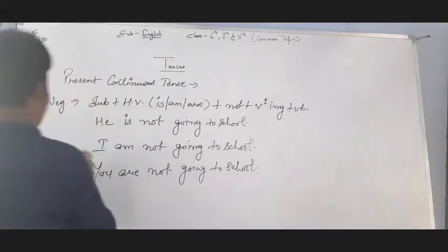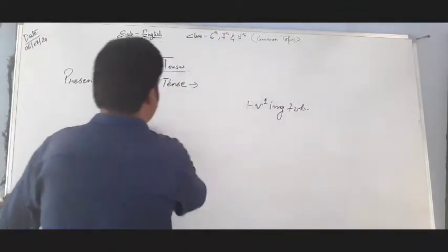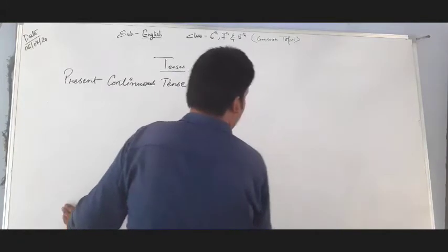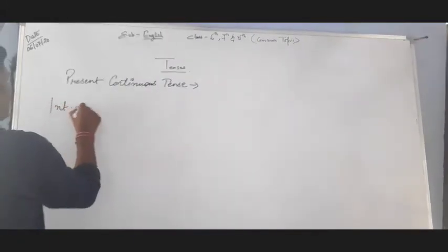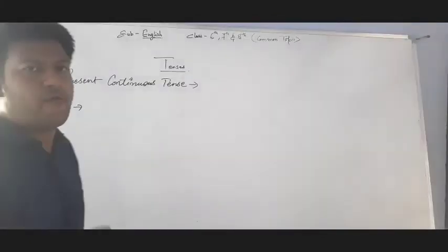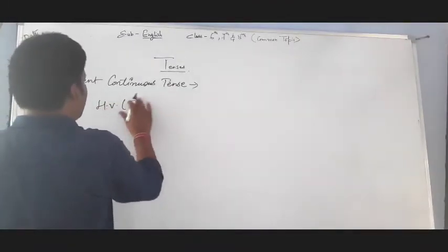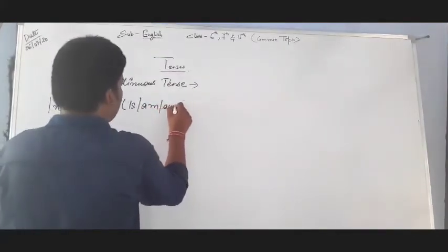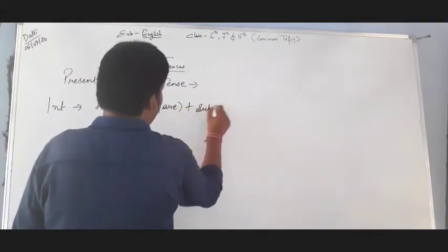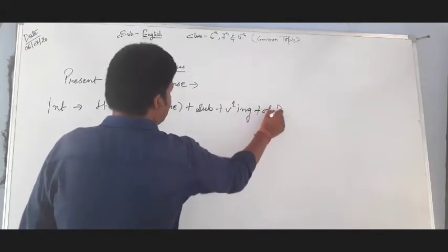Now the next sentence type, as I have taught you in the present simple tense, is called the interrogative sentence. As you have learned, for interrogative sentences I put my helping verb at the beginning. So here I write helping verb, that is, am, is, are plus subject plus verb first form and ing plus object.